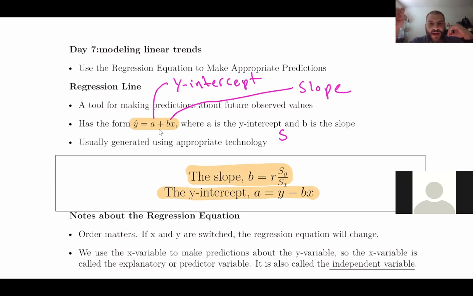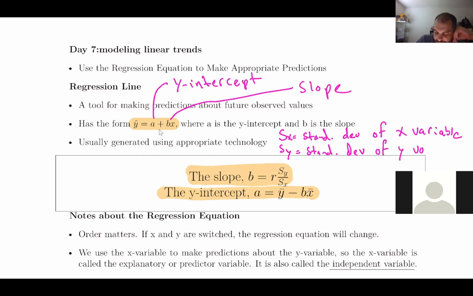But you have S of Y and S of X. S of X is the standard deviation of the X variable, and S of Y is the standard deviation of the Y variable.